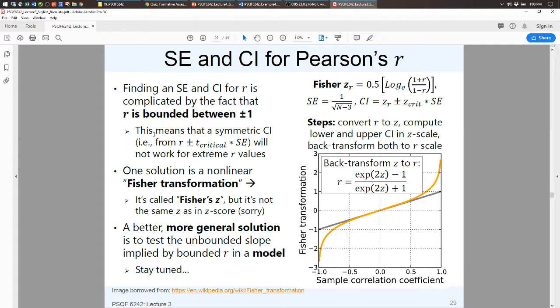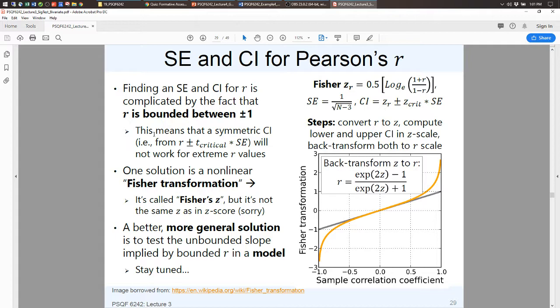This is an example of a nonlinear transformation. It's designed to extend the boundaries of the correlation past the highest and lowest it can go of -1 and +1 so that you can compute a confidence interval. And so this is an example of the type of transformation that one would use for a bounded outcome, where it doesn't ever stop. The closer and closer it gets to 1, it keeps going and going and going.